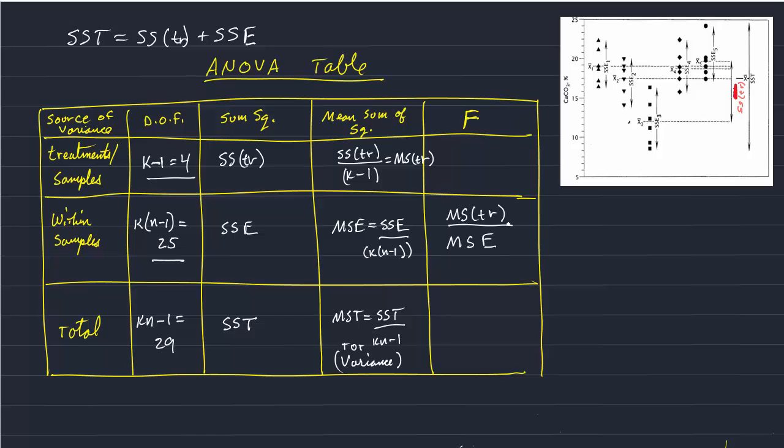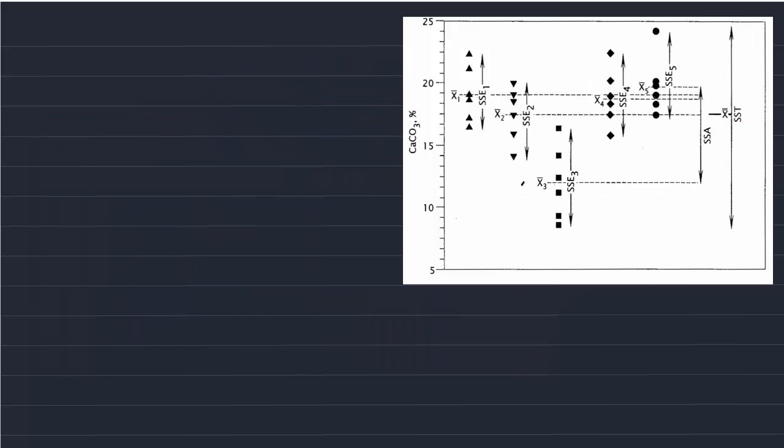Okay, let's talk about how to compute these quantities. So it turns out that the total sum of square deviations is equal to the sum of all the measurements that were made.